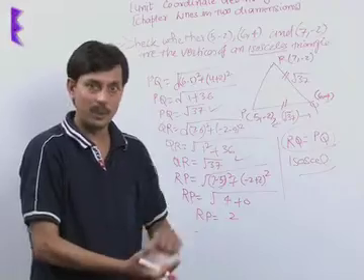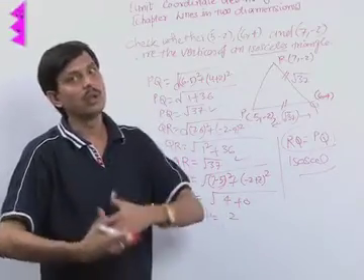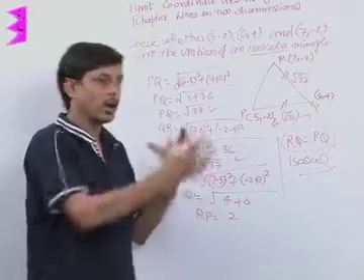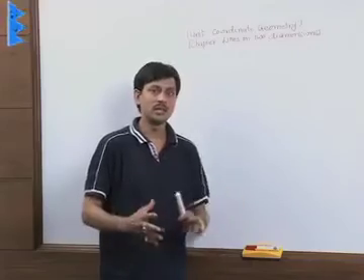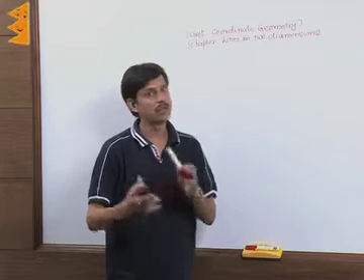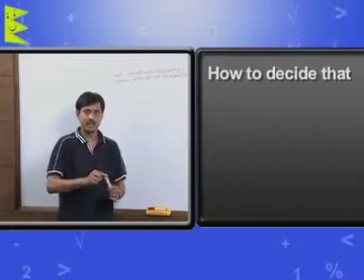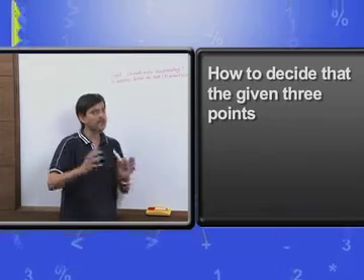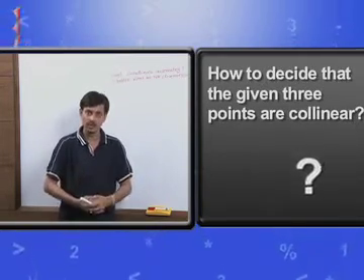Now we will apply the same formula in quadrilaterals and also in finding areas and proving collinearity. Now we will discuss some more applications of this distance formula, like how to decide that the given 3 points lie in a line, meaning they are collinear.